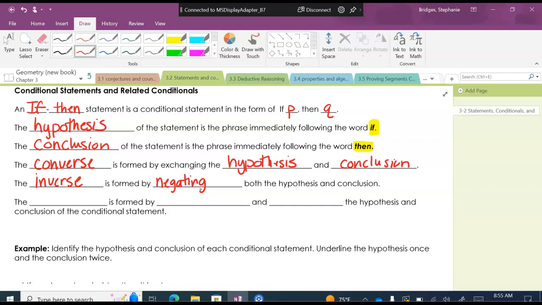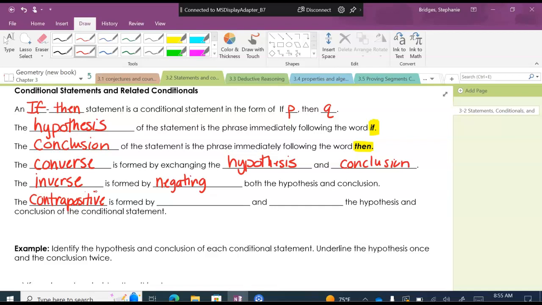And then the third statement that we're going to deal with is called the contrapositive. Write that down before we keep going. Contrapositive.